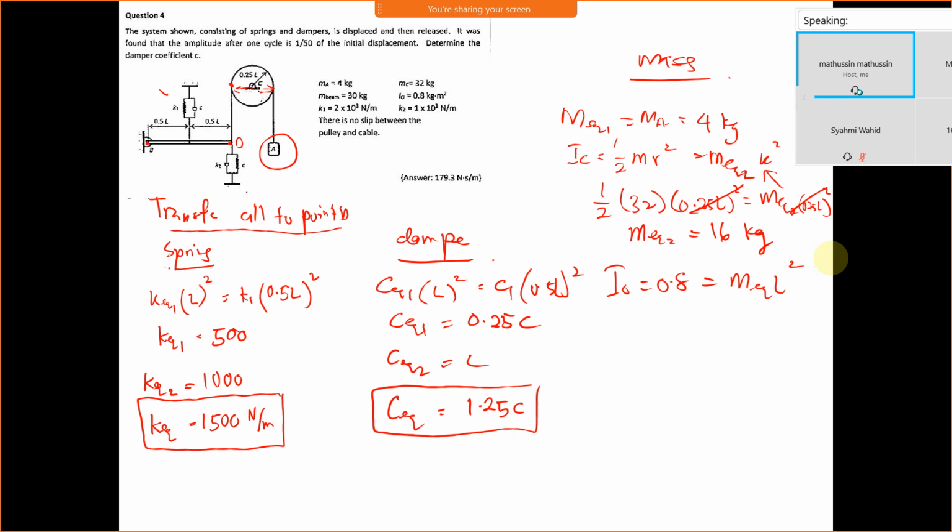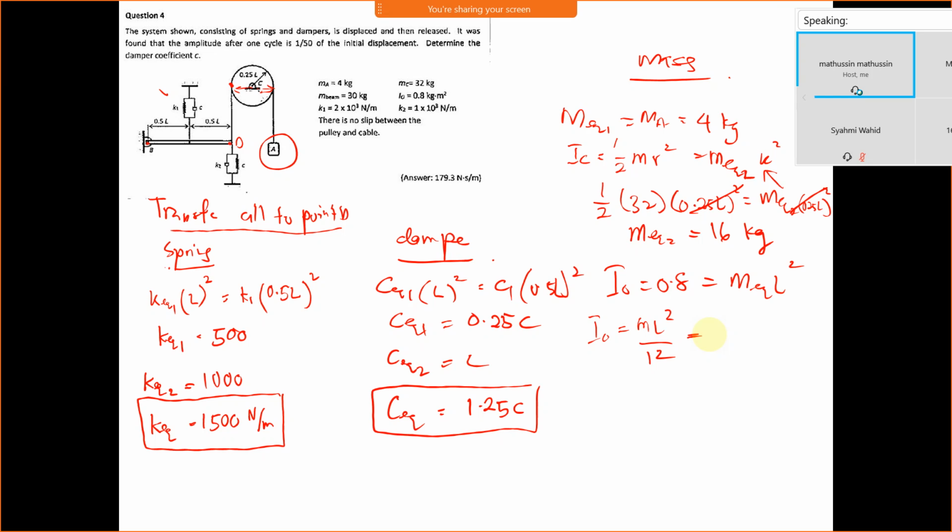So from here we can actually find what is our M equivalent for beam. So how to find it? We need to find the L first. How to find L? So based on equation of beam, which is we know that IO for beam equals to ml squared over 12, isn't it? So this is equation for beam lah. Mass moment of inertia for beam. Alright, a general equation.